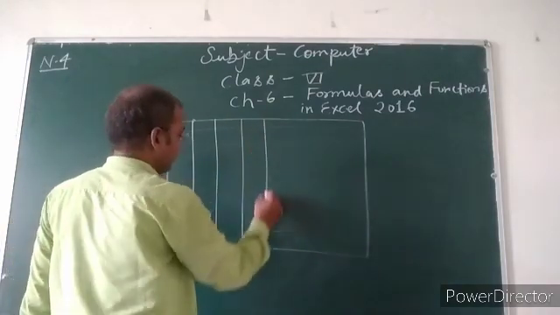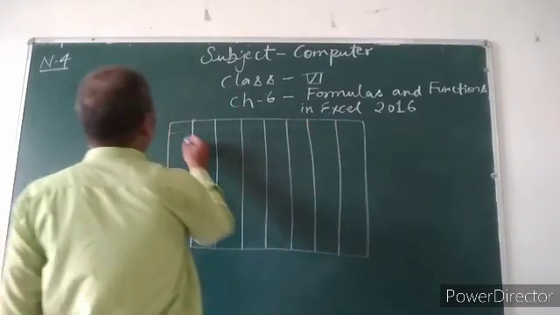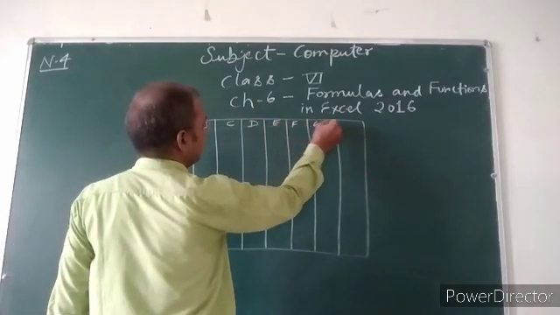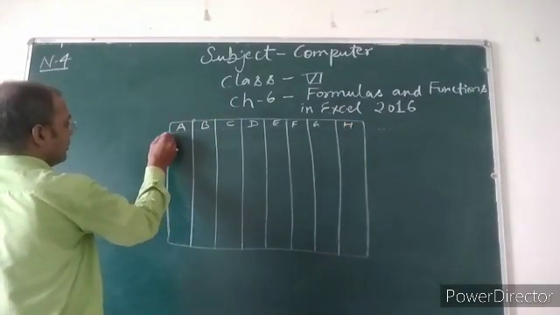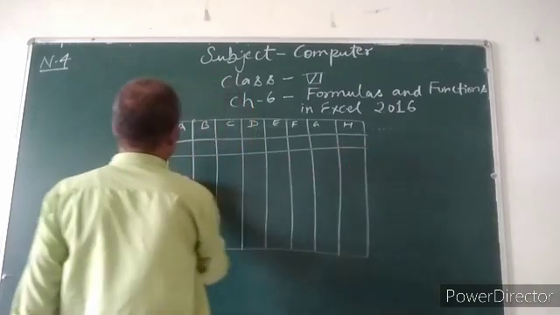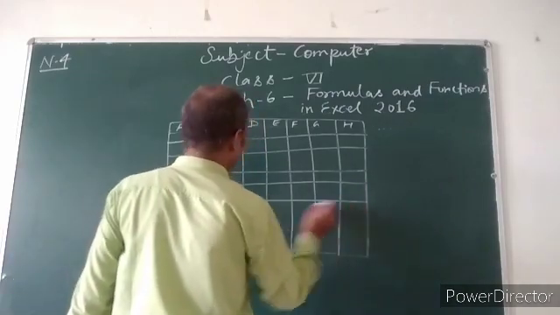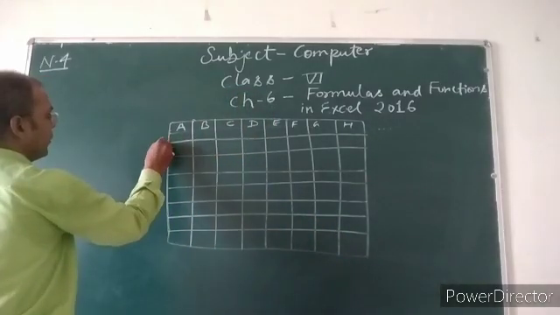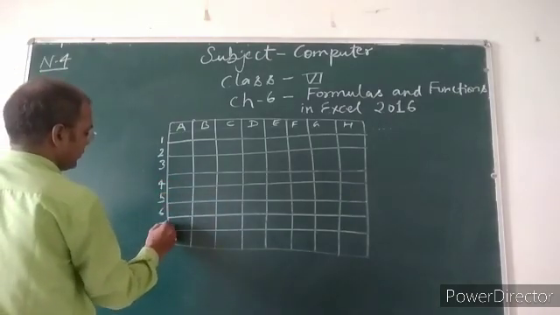I am drawing only the sheet area, not the menu or other bars. Columns A, B, C, D, E, F, G, H and so on, and rows 1, 2, 3, 4, 5, 6, 7, 8.